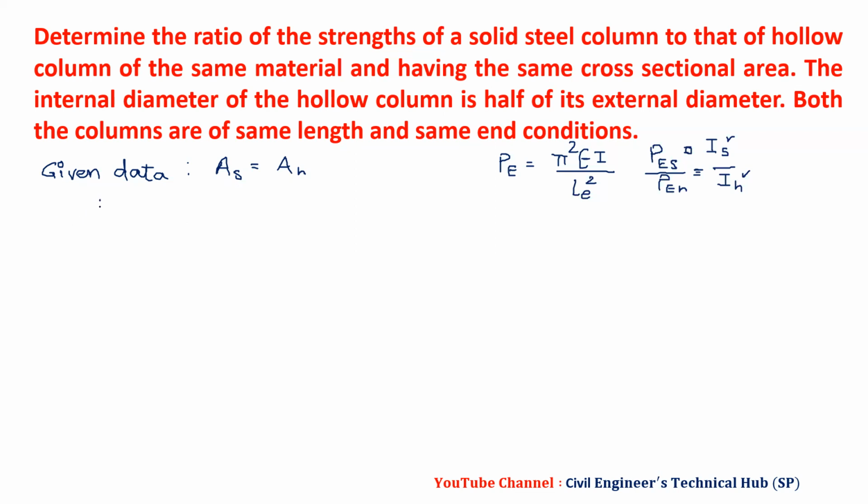So we have ds as the diameter of the solid column, and capital D and small d are the external and internal diameter of the hollow column.